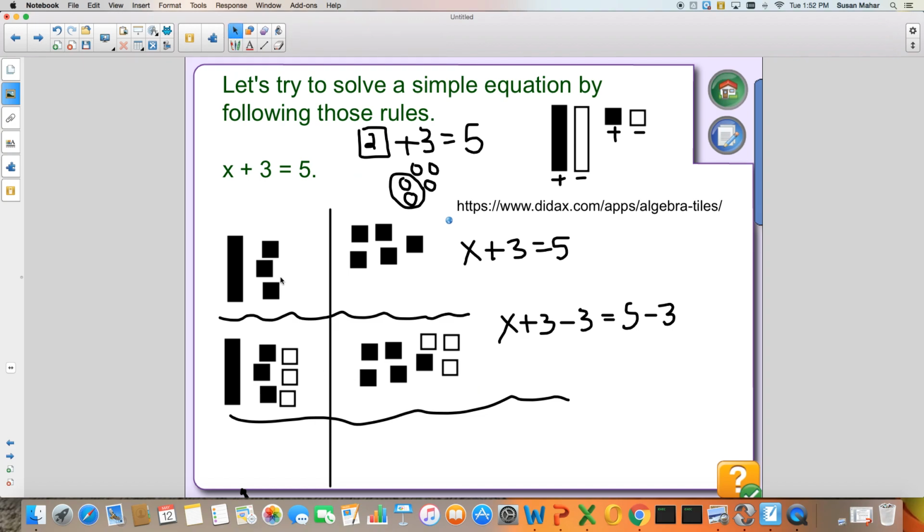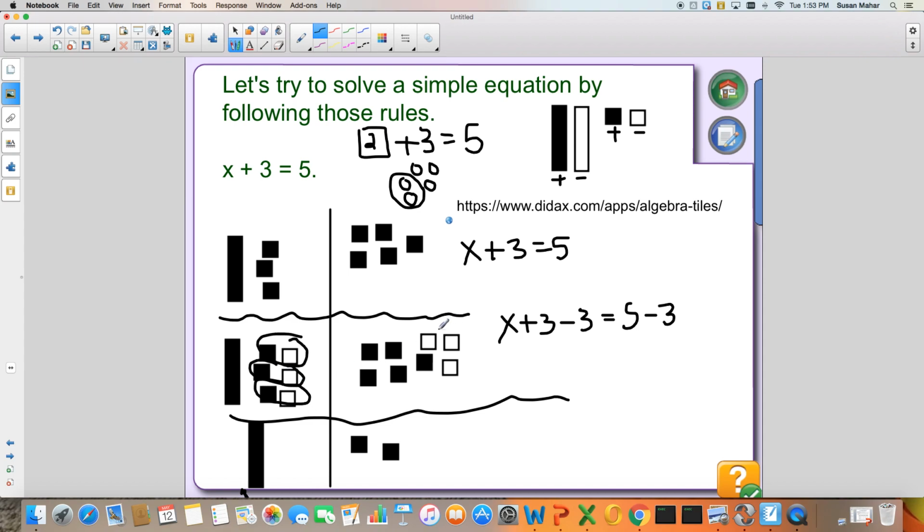Now my next step, these are going to have disappeared. So what have I got now? I've got x on this side, and I've got 2 left over here. Because I'm just quickly going to show you these matched up, these matched up, these matched up.